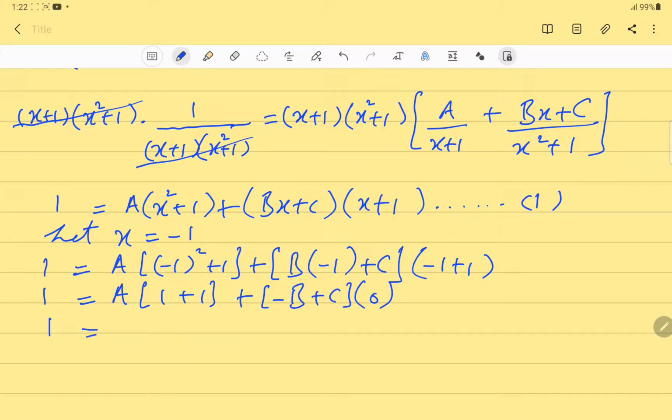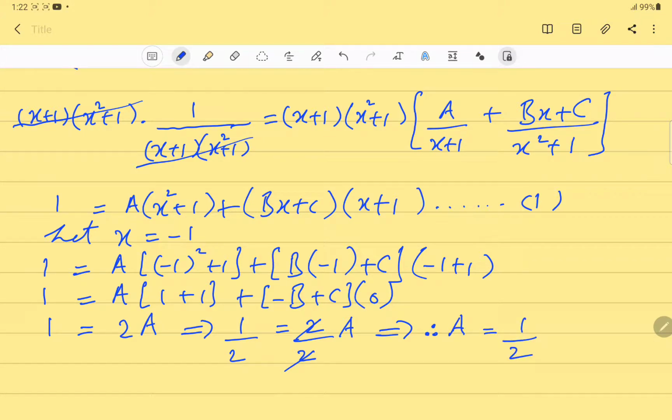So 1 is equal to 2A, and we divide both sides by 2. 1 over 2 is equal to 2A over 2. So our A comes out to be 1 over 2.